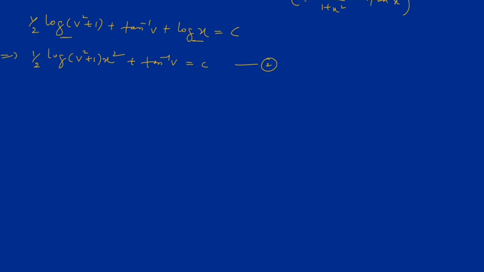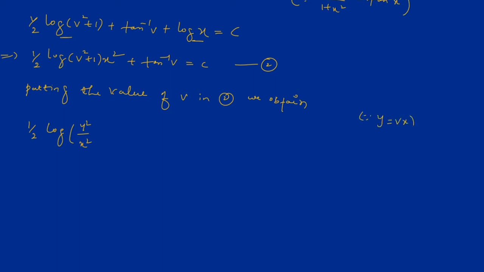Now putting the value of v in equation 2, we obtain 1 by 2 as it is log of, v means y square by x square here, since y equals vx, right?